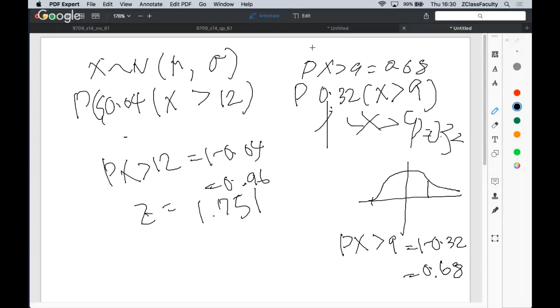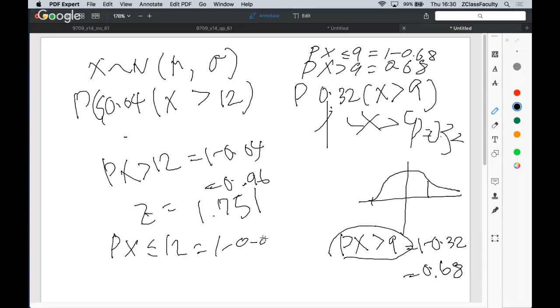Which means the probability of X smaller or equal to 9 is equal to 1 minus 0.68, but it's not like this. You need to convert the inequality sign as well. The same goes here: X smaller or equal to 12 is equal to 1 minus 0.04.